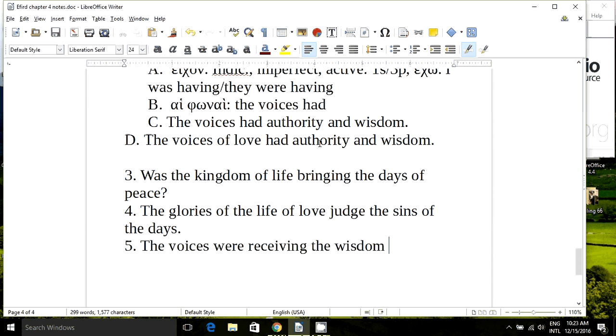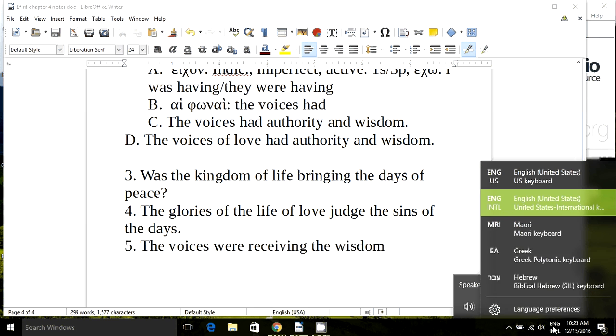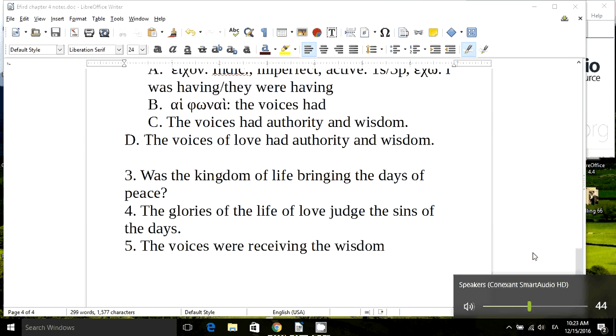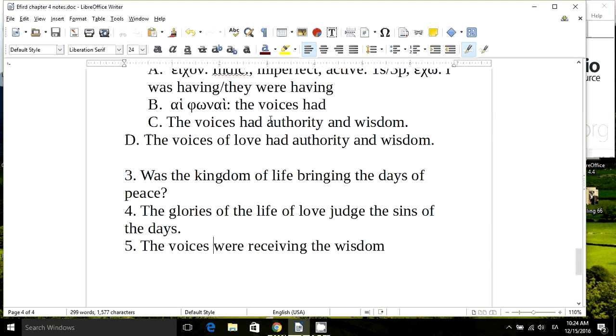Hai phonai exousias. That is a genitive singular. Now that can be confusing, isn't it? Did you have that as an accusative? Did that confuse you? Exousias. Did that confuse you? What's that as ending?